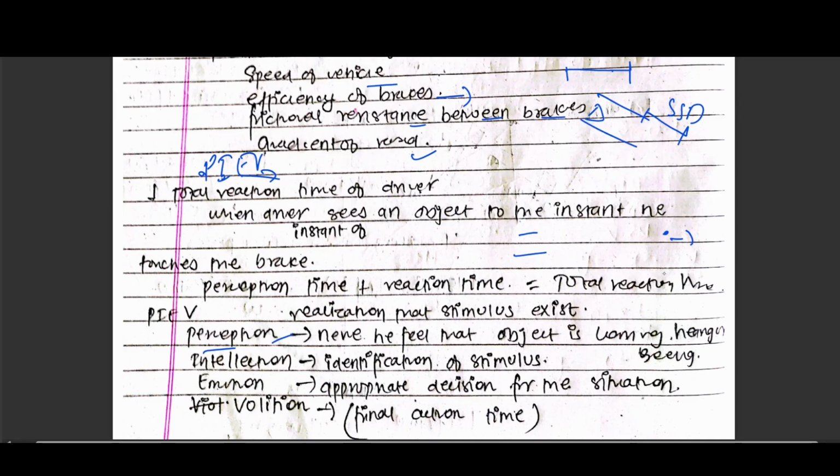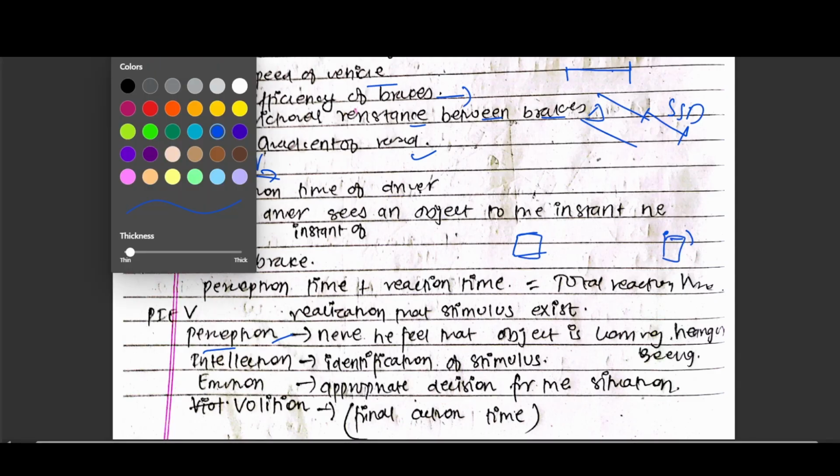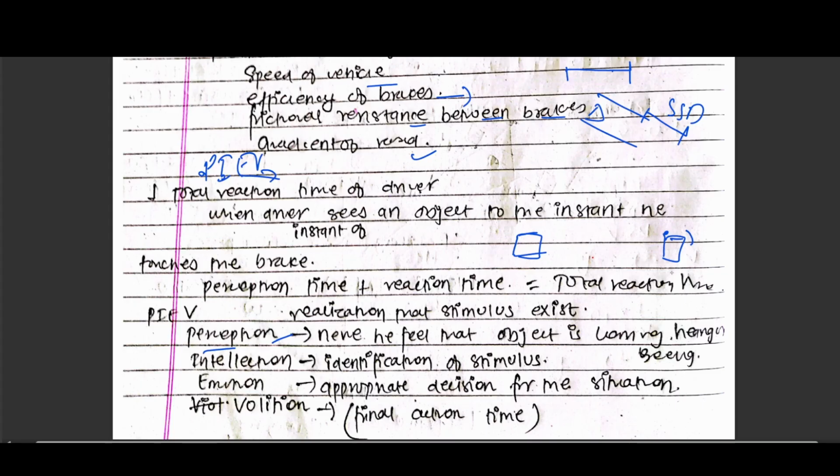That means if I saw a signal showing the red light. I am moving in a vehicle, and in front is the signal showing the red light, but I don't know what it is. I don't even know that this is a signal, but I know that it is something. The time that I feel it is known as perception time.